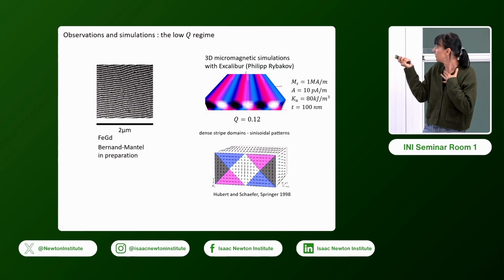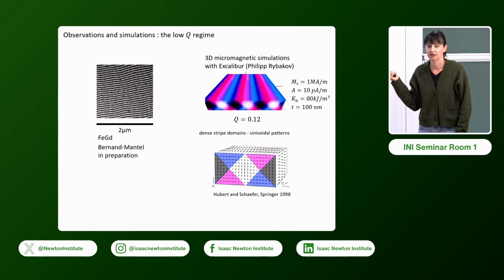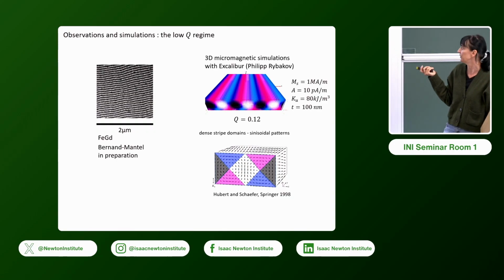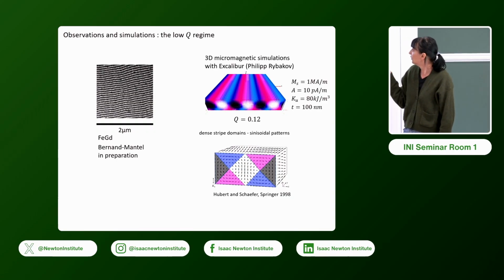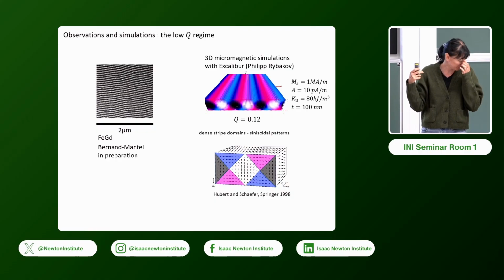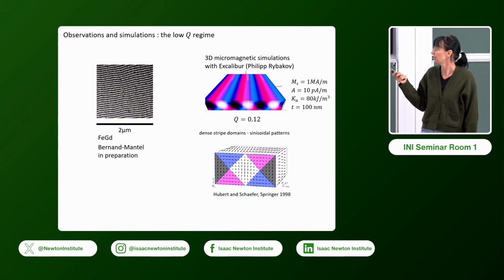But if you have such a very fine period, you know that you can create very small skyrmions, so this is interesting for application. So that's why we are interested in this kind of material. So by lowering the anisotropy, we are trying to see how small we can make this structure.